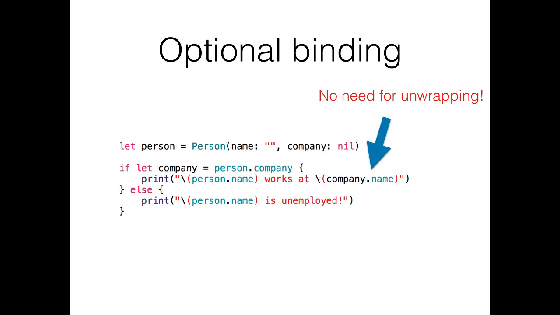So inside the scope of this if, I don't need to unwrap or do anything, because I'm completely sure there's something inside of it. And this makes for much safer code, because you need to really think about the cases. Like if it doesn't exist, I need to do something. Otherwise, I can't address it because it will crash. And this is pretty cool, because in Objective-C and previously in other languages, you have to check for nil every time, and it generates very unreadable code. This is a way of getting away from that.